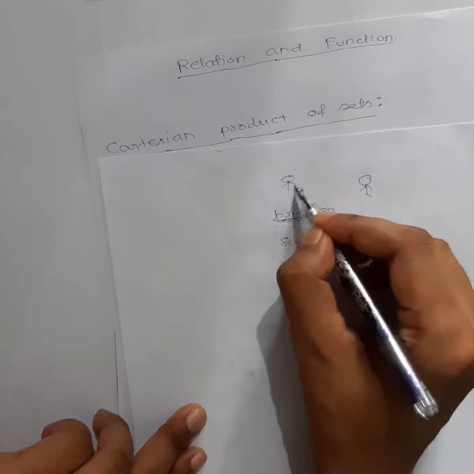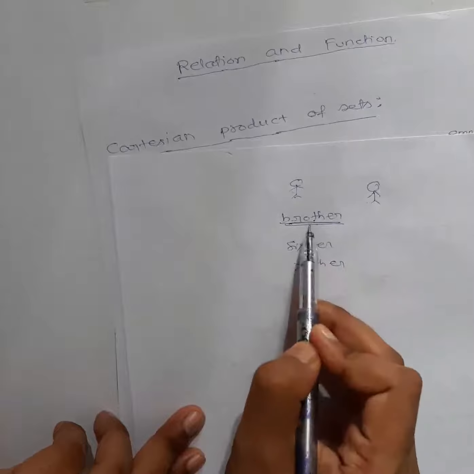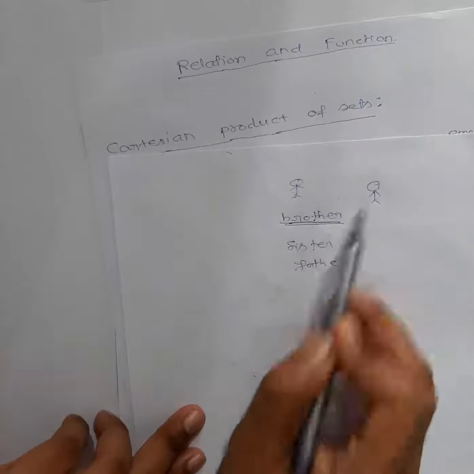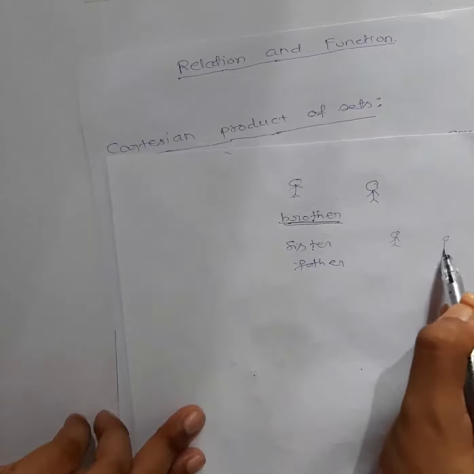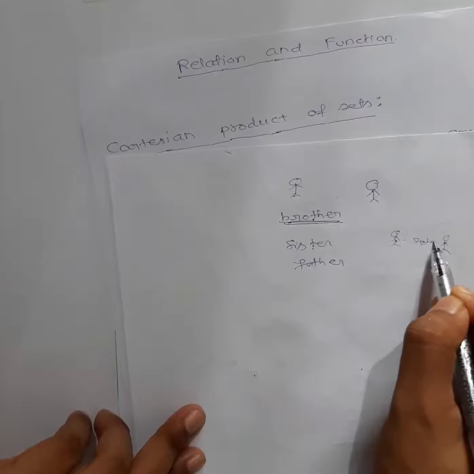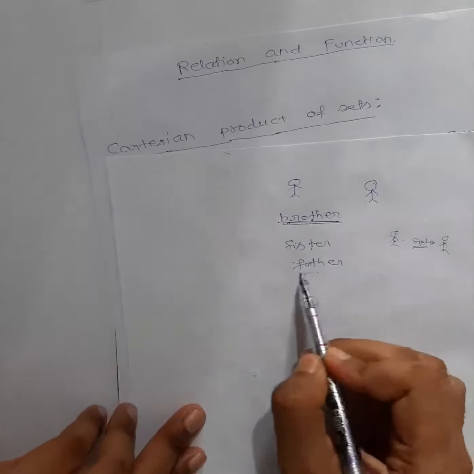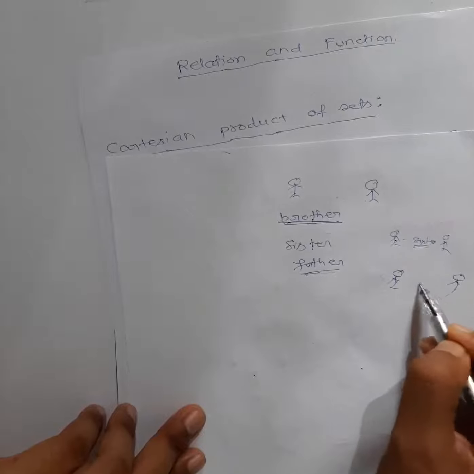Minimum 2 persons must be there. I can say that these 2 persons are brothers. So this brother will be a relation between these 2 persons. When I say sister, then also you need minimum 2 persons. Between 2 persons only you can make the sister relation. Right? When I say father, then son must be there, father must be there.